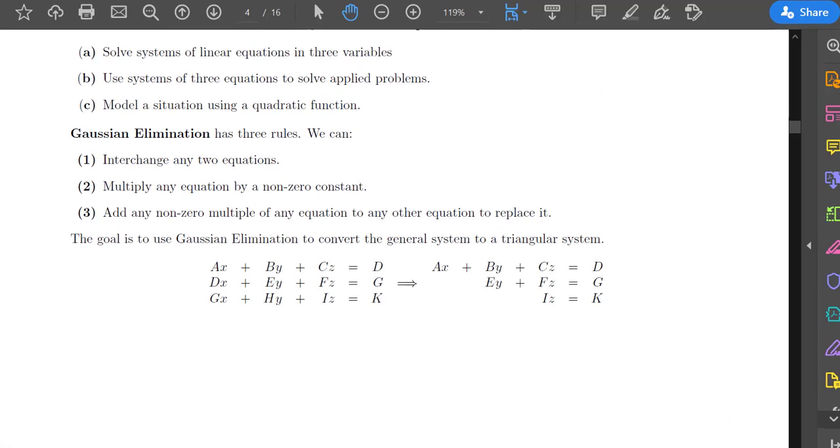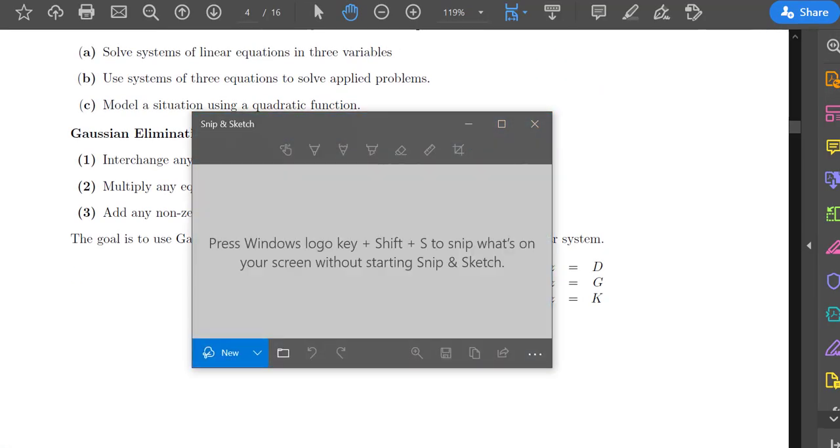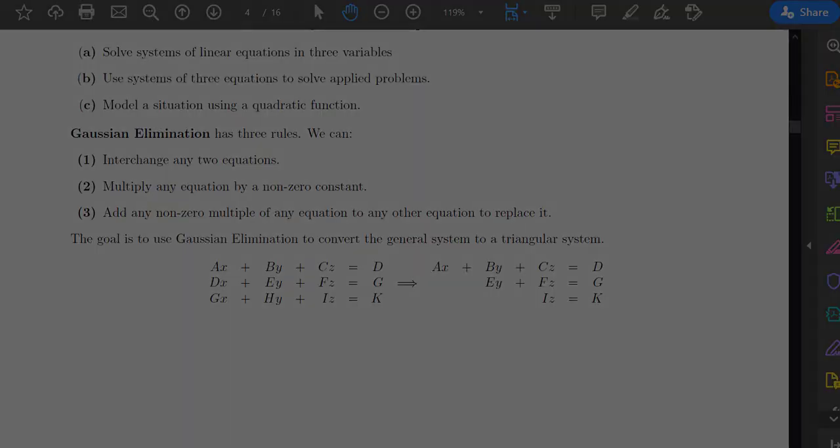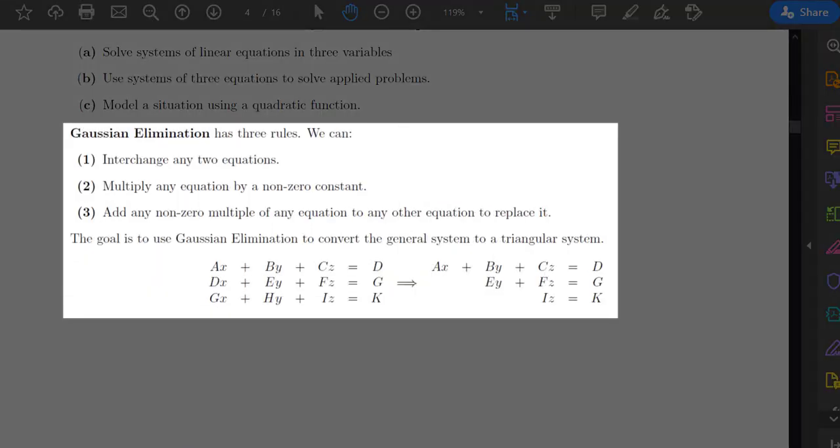So the elimination that we're going to use is called Gaussian elimination.